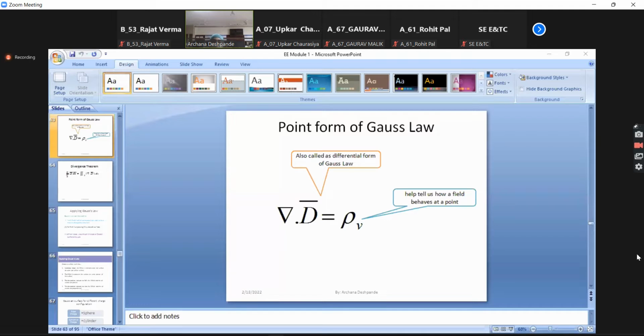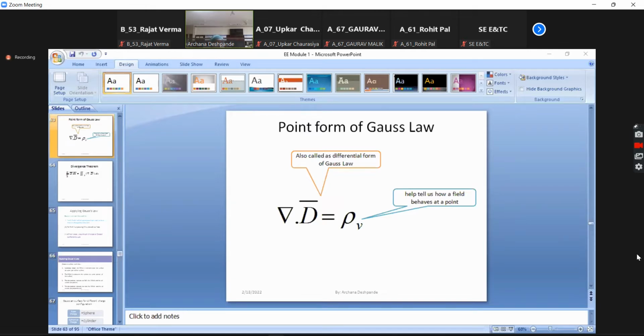So you have to assume an imaginary closed surface in order to apply Gauss law.